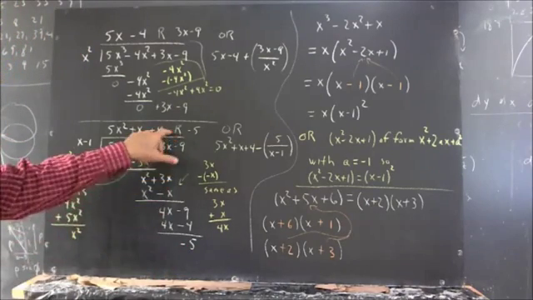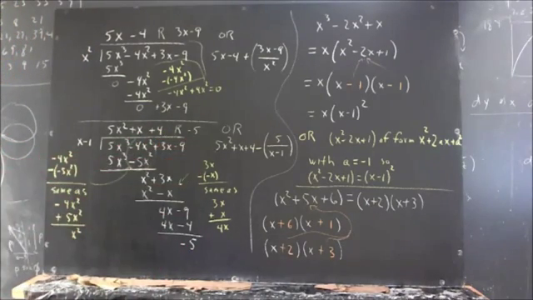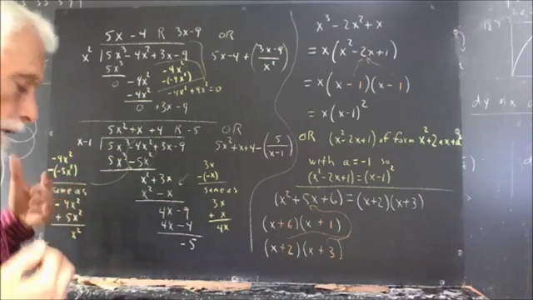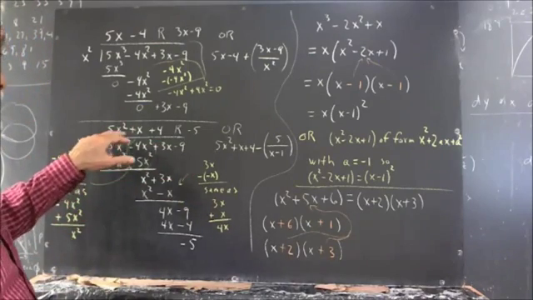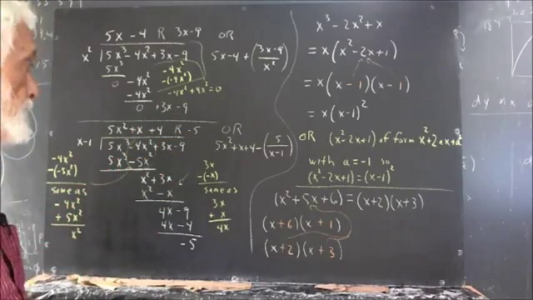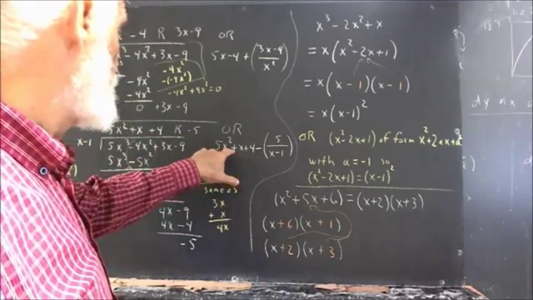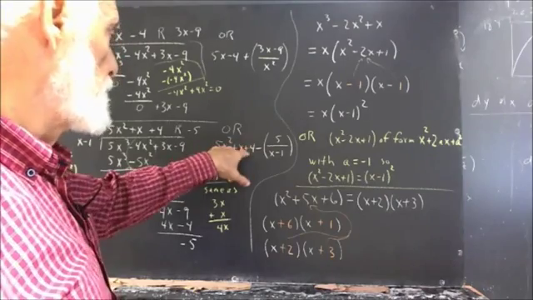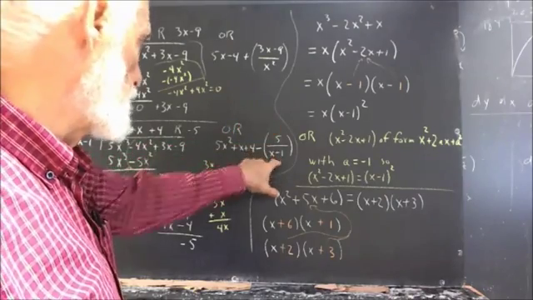Okay, so now we have a remainder of negative 5. So our division gives us the result 5x squared plus x plus 4 with a remainder of negative 5, or 5x squared plus x plus 4 minus 5 over x minus 1.